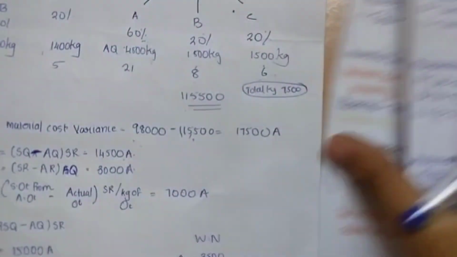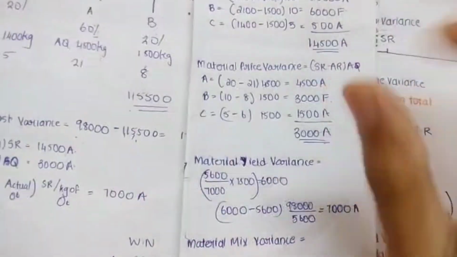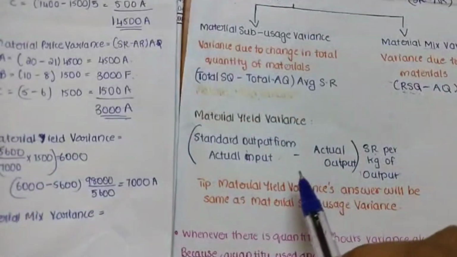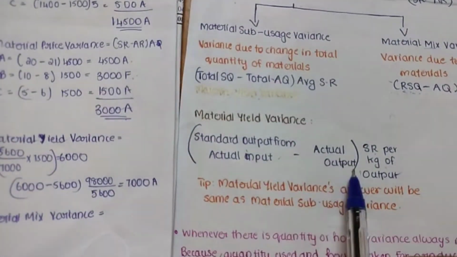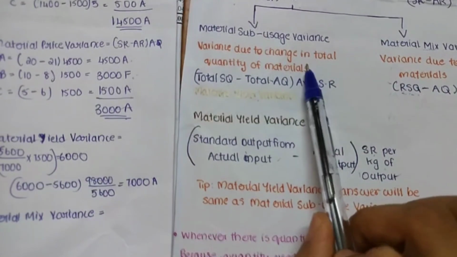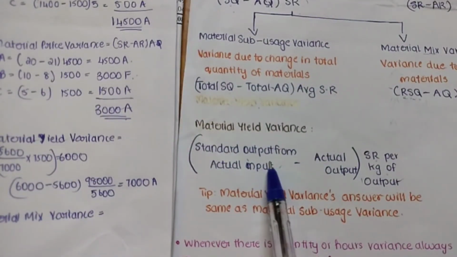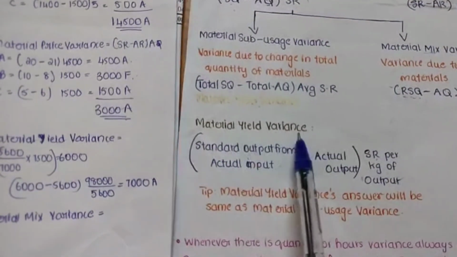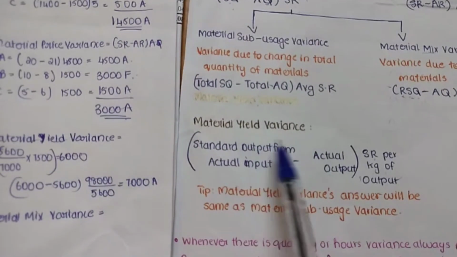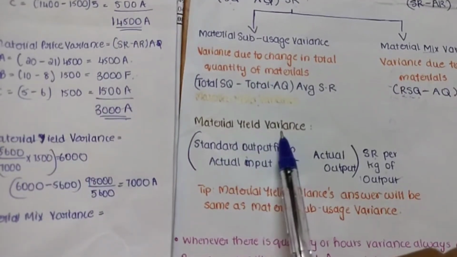It is only material yield and mix variance where you might get a bit confused, so I'll be explaining them. For material yield variance, our formula will be this one. You can calculate either this one or this one. In our study material, it is material yield variance that they have calculated, so I am also showing you how material yield variance has to be calculated.